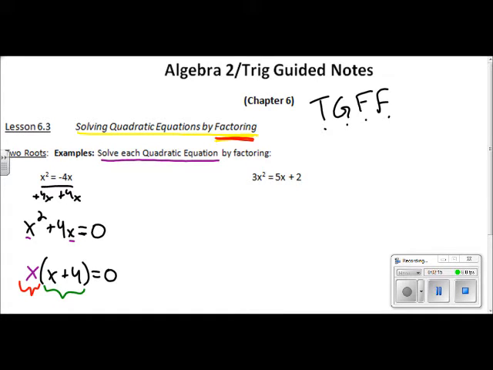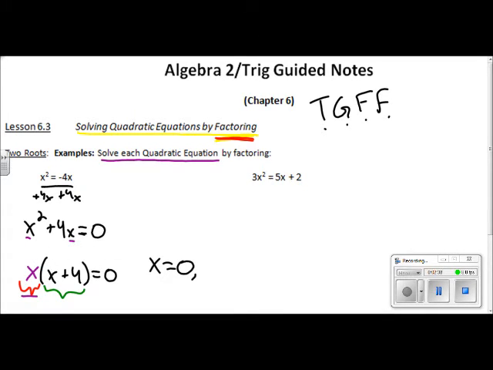So, looking at our example here, either this side, the x, has to equal 0. That way we'd have 0 times 0 plus 4 would be 4. 0 times 4 is 0. So that would work.